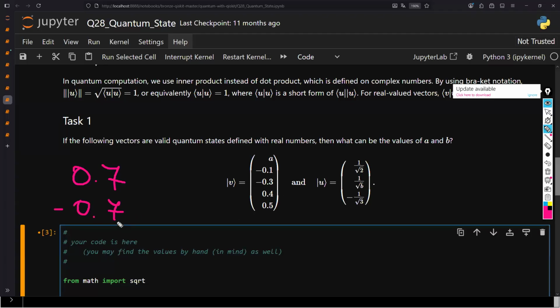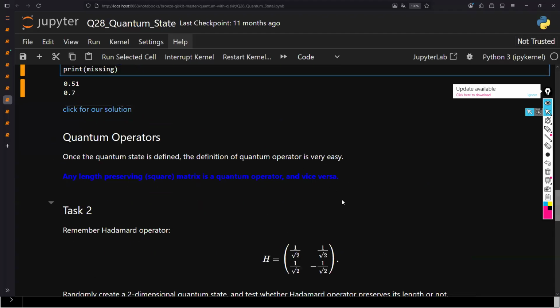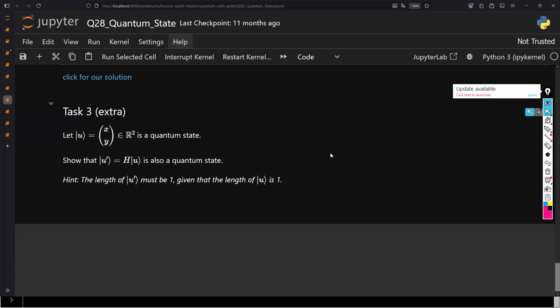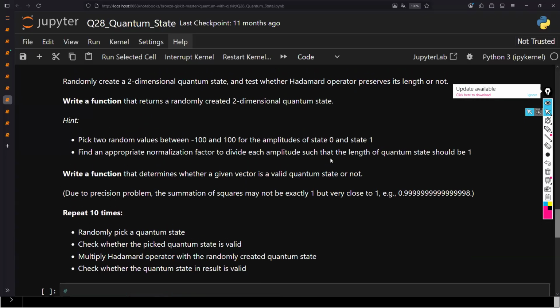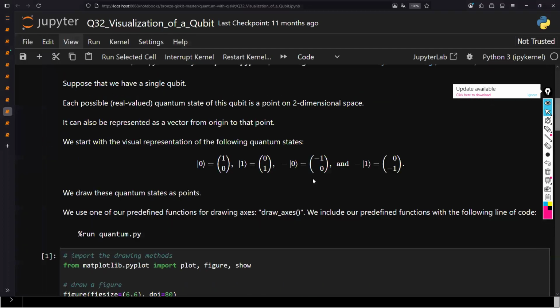It also would have been a correct representation of that quantum state. So congratulations to whoever made this. Bravo. I think we can move further.